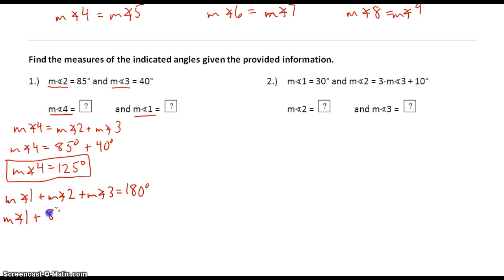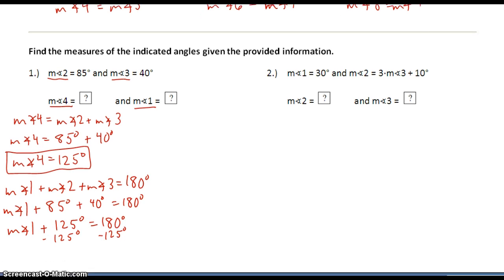Angle 2 is 85 degrees. Angle 3 is 40 degrees. And solve for the measure of angle 1. Combine like terms. Subtract 125 degrees from both sides. And I'm left with the measure of angle 1 equals 55 degrees.